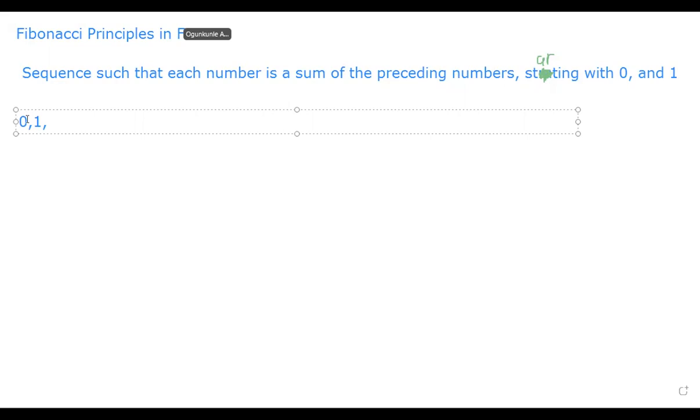We have number 0, we have number 1, and if we add 0 and 1 to each other, what we have is 1. Is that clearer now? Please let me hear your views in the chat box.